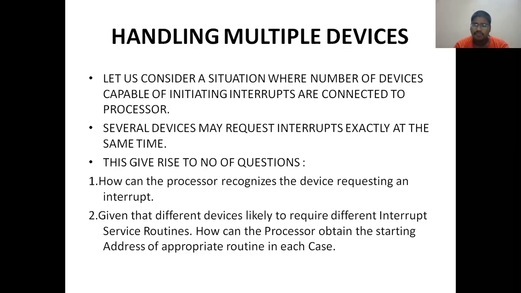Every device is dedicated to a specific work. If I have a keyboard, its main task is to receive the text I am entering. If I enter an A, the keyboard has to transfer the data.